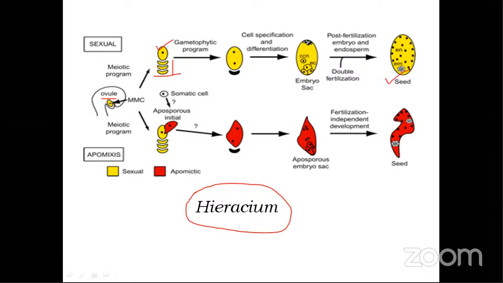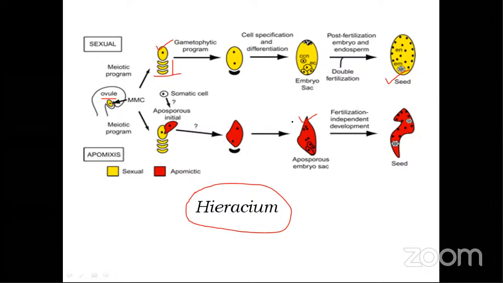But in case of apomixis, in the lower section as you can see, from the megaspore mother cell the division is somewhat aborted. So this particular cell will go for the formation of the embryo sac directly, without undergoing the division which was destined here.